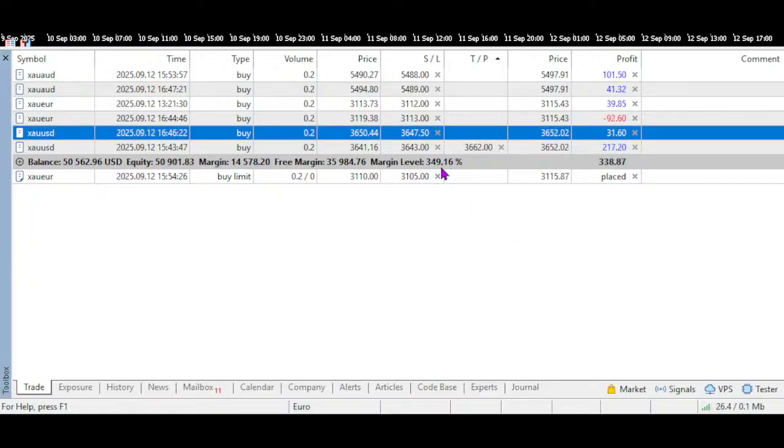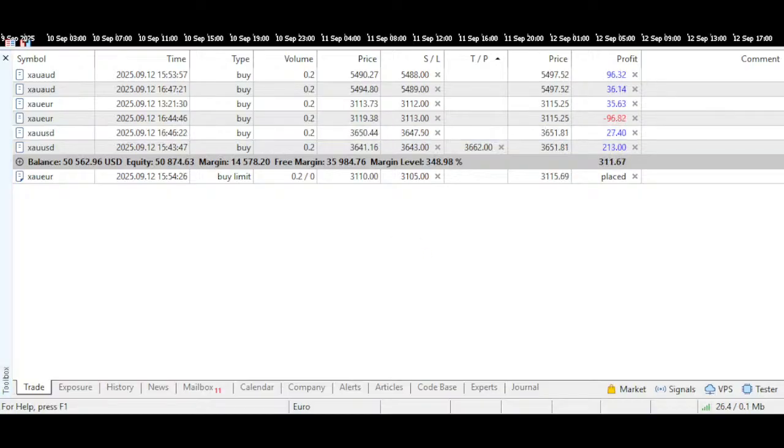Because I'm holding too many trades, and then the gold euro, I think we can't do much. This 12 and 13, I think that should be the price.